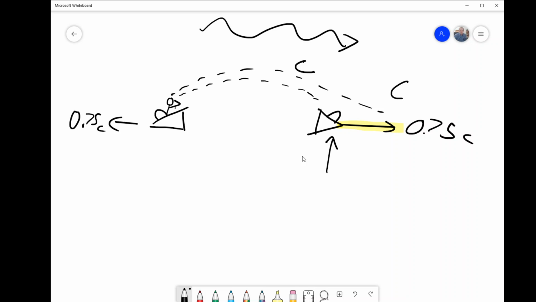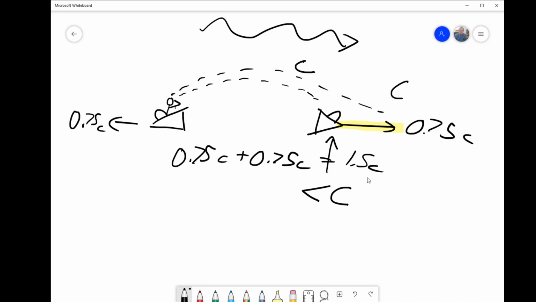So therefore, the speed of this spaceship has to be less than the speed of light. So the issue is the way we add our velocities. We cannot add these the way we did with Newton and get 1.5 times the speed of light. The number has to be less than that. So this is out.